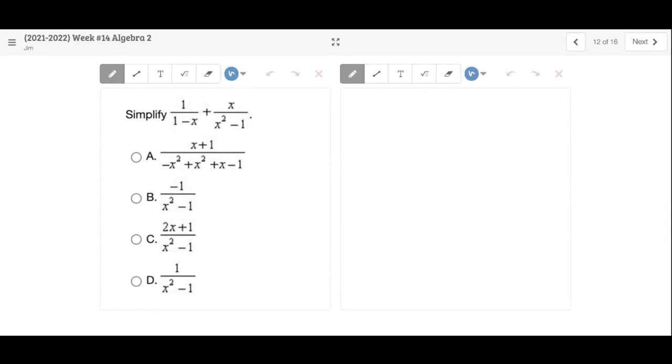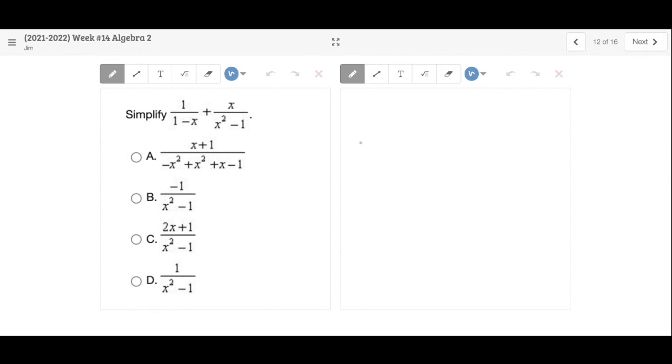X squared minus 1. Nope, that is not right. This one's tough. This one had me a little flustered last night when I was working through it. Okay, and I'll work through this really slow for you guys, but you're really, really close to x minus 1.